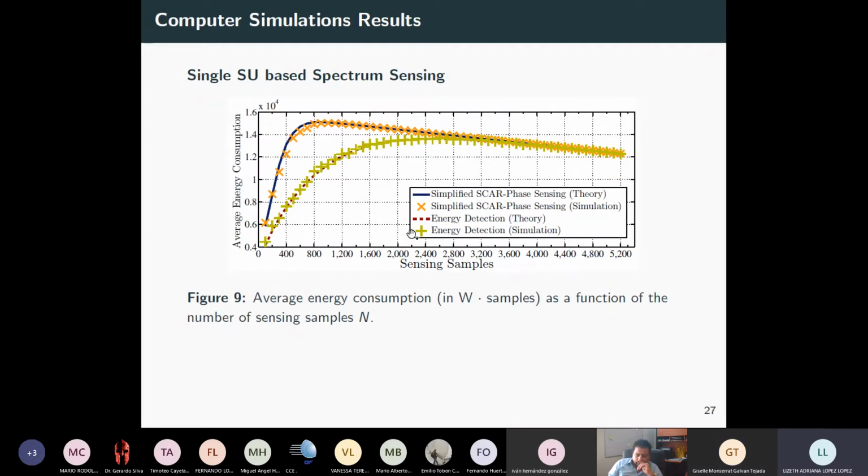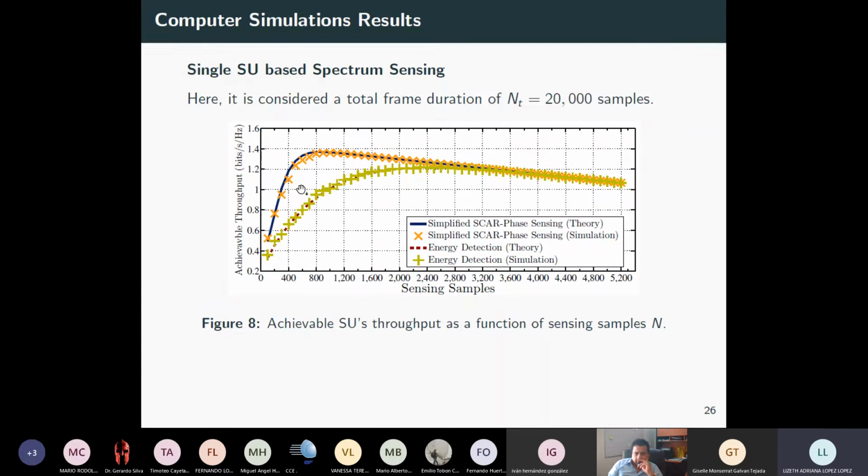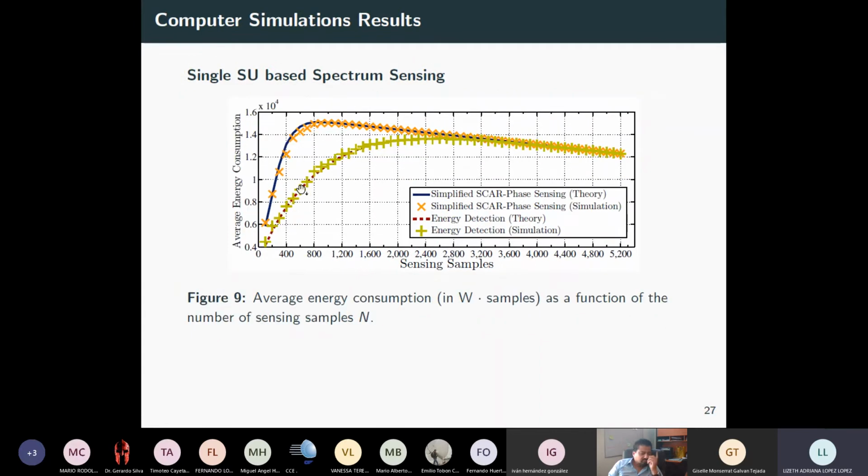Then we have the average energy consumption. In this figure, it can be seen that the average energy consumption increases when using the simplified scarf phase sensing. However, we have a better throughput, so even if we have more energy consumption, we can have an improved energy efficiency.